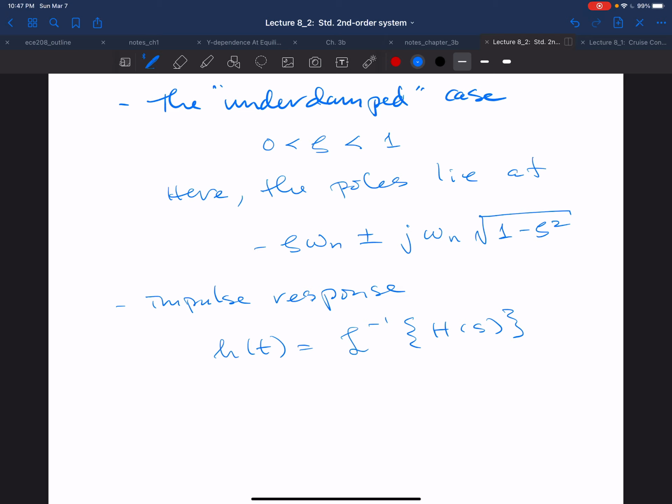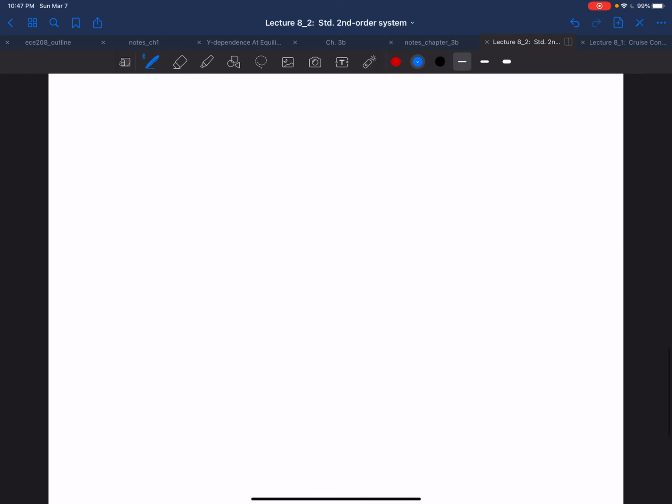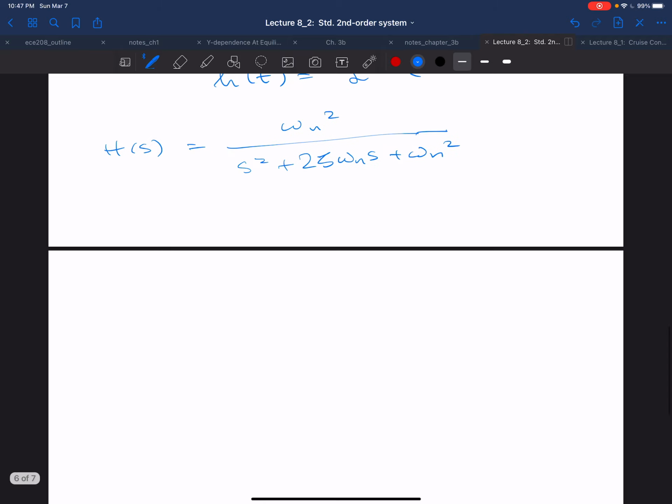In this case, our transfer function is omega n squared over s squared plus 2 zeta omega n s plus omega n squared. So what we can do is do a completion of the square.